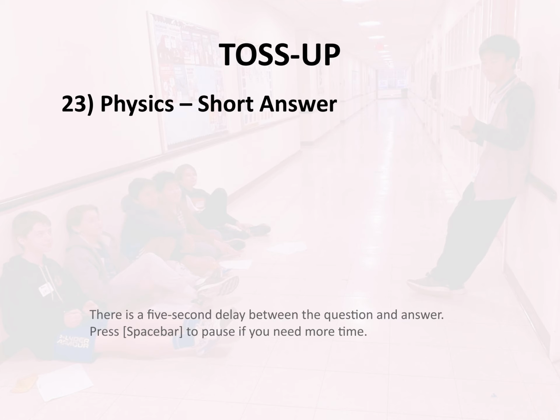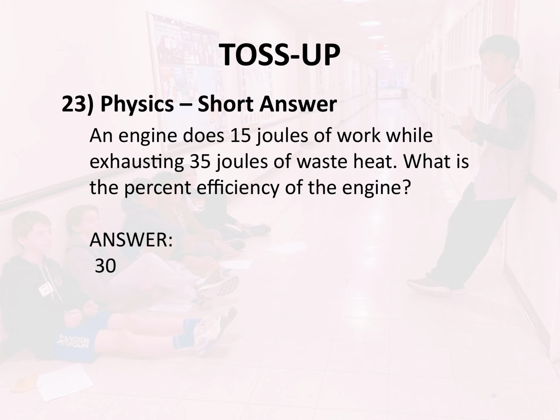Toss-up 23. Physics, short answer. An engine does 15 joules of work while exhausting 35 joules of waste heat. What is the percent efficiency of the engine? Answer: 30.